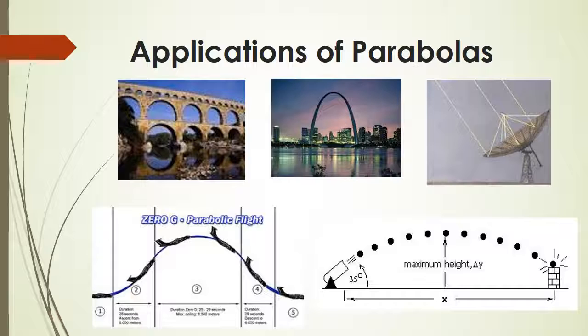If you've had physics, and I think most of you are probably in the middle of physics, or if you've ever done any shooting, then you should know that the path of a projectile is a parabola. So you're going to see parabolas a lot just all around you. It's a very, very useful shape.